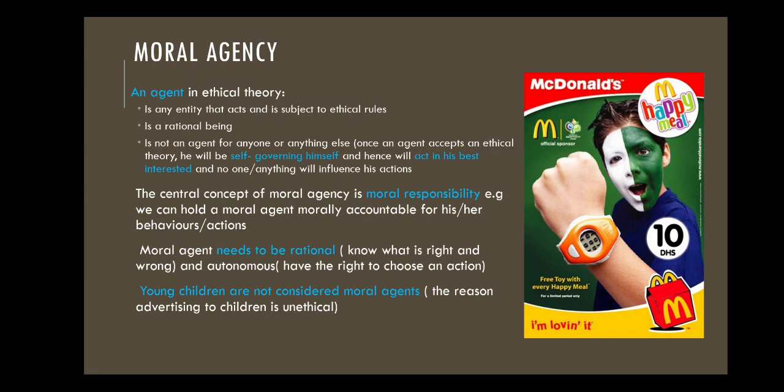That is the reason advertising to children is unethical. Young children are most of the time not yet rational, and also they are not autonomous. They still depend on their parents or guardians. That's why young children are not considered moral agents.